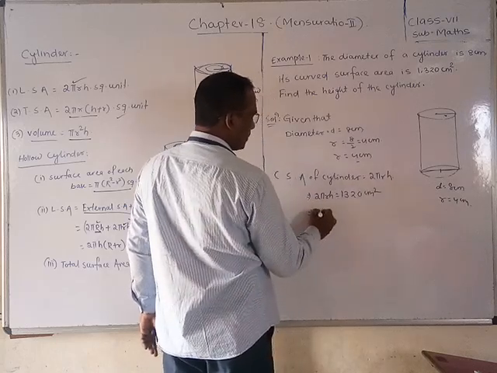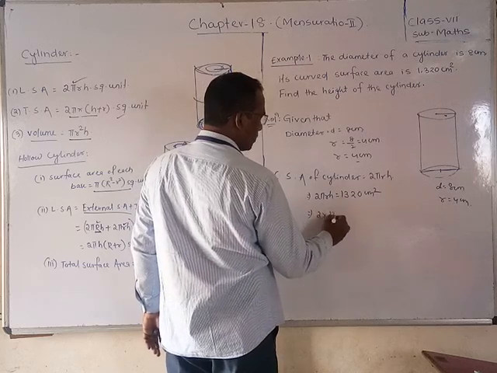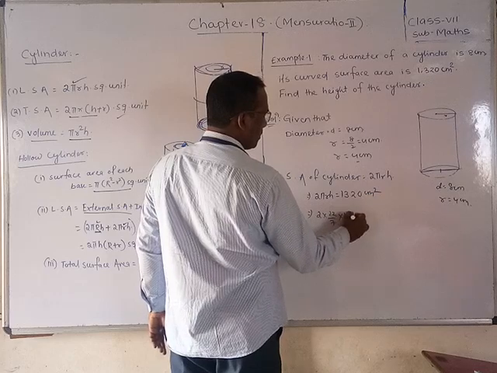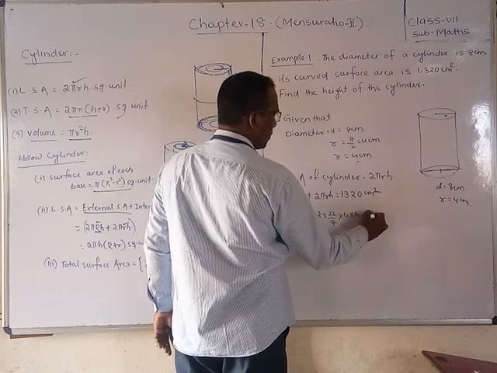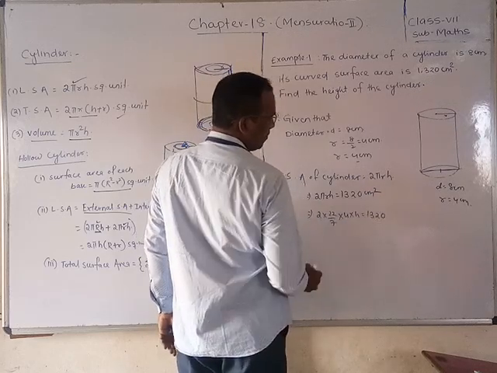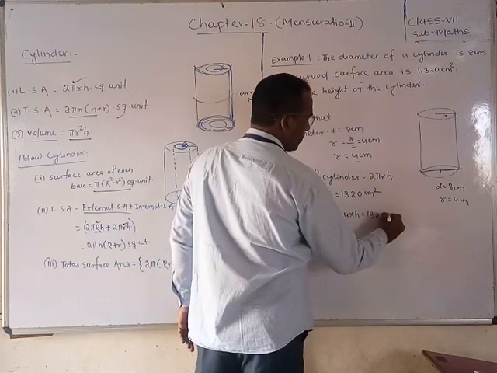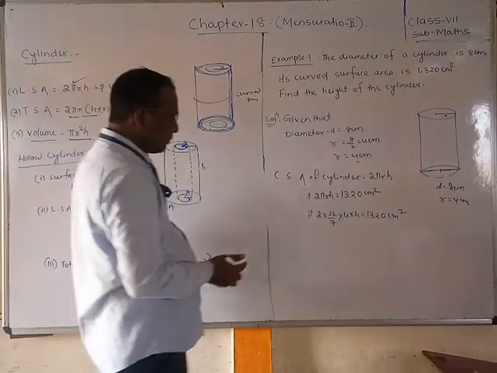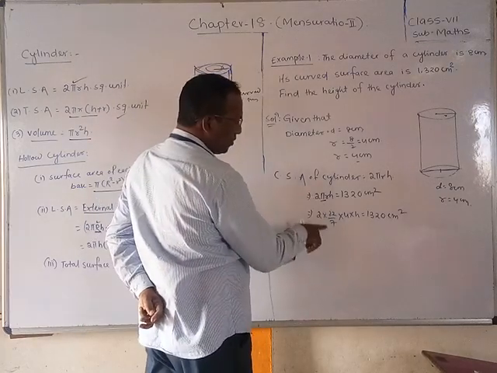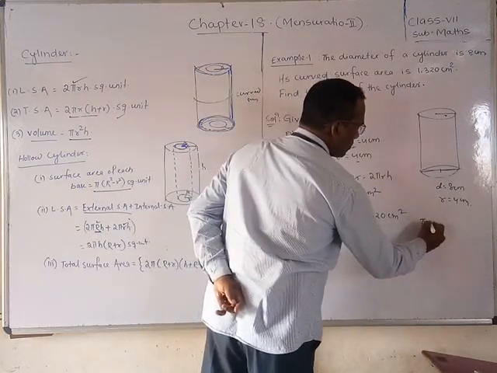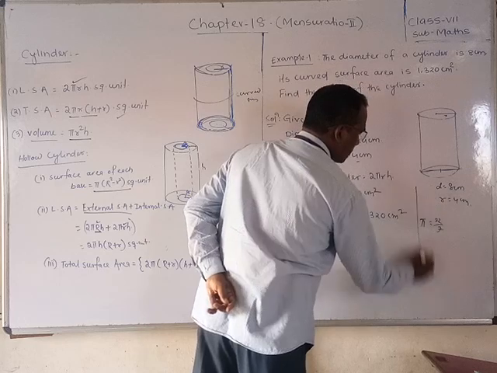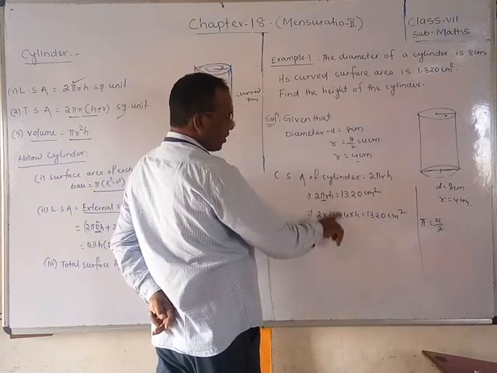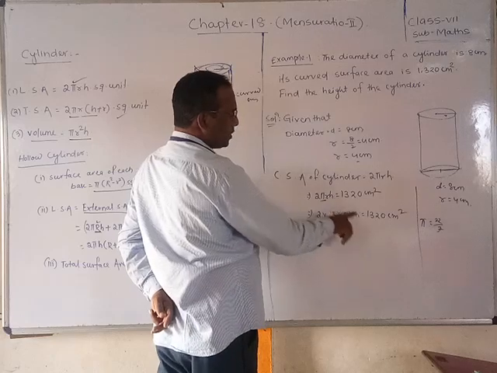Which implies 2 into 22 by 7 into the R value, which is 4, into H is equal to 1320 centimeter square. What I have done is I have kept the pi value, pi is equal to 22 by 7. So now the R value is 4 centimeter, and H is the only variable.